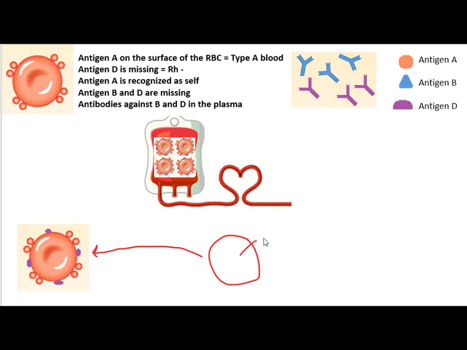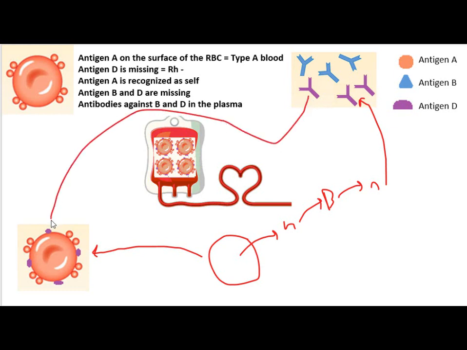So macrophages will go and tell the helper cell, and the helper cell will stimulate the B cells. And what are B cells going to do? B cells will produce antibodies. Now you have antibodies against D. Initially you didn't have them, but after that exposure, now you have antibodies against D. And those antibodies are going to bind to those cells and basically destroy them.